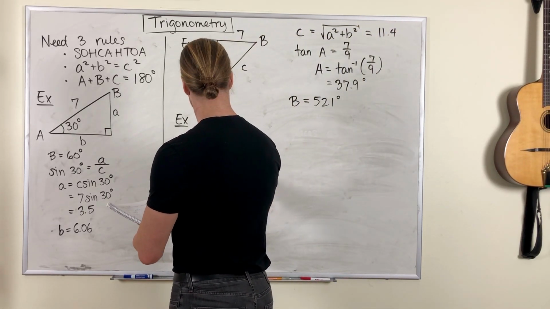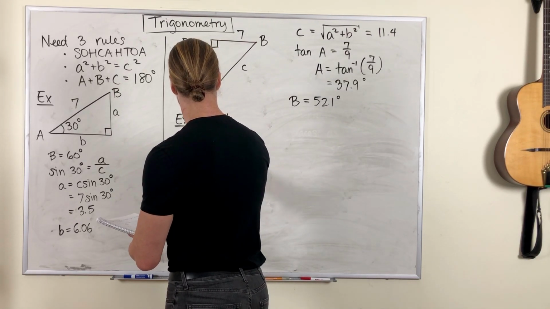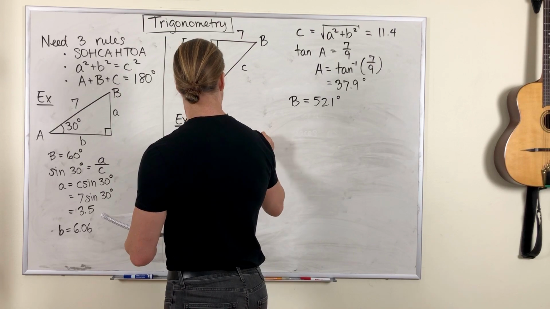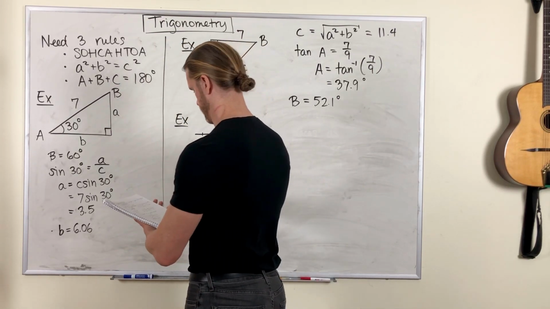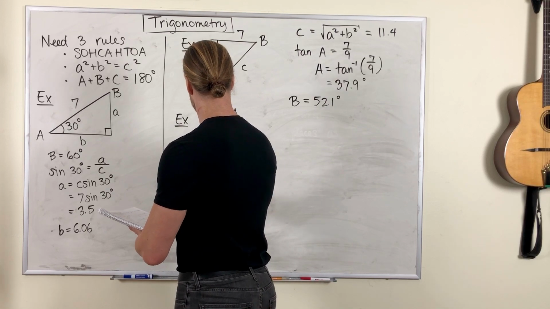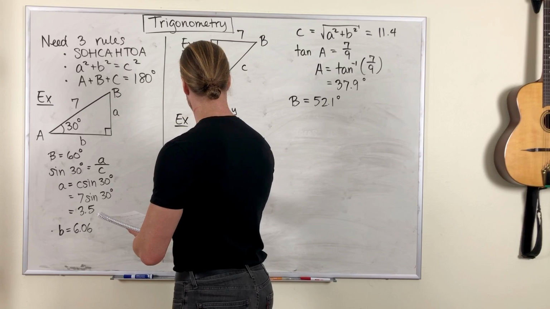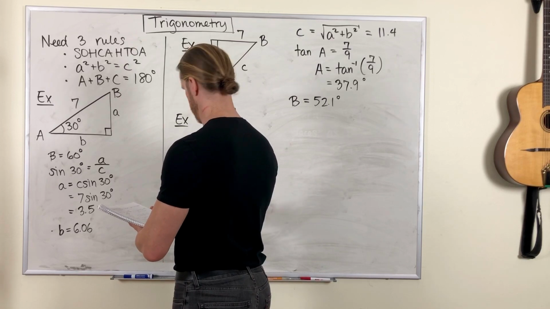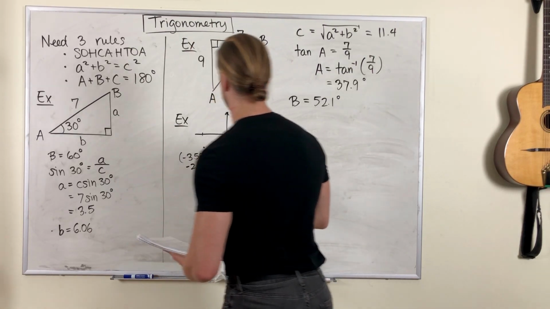So our point is here, x and y. It's negative 3.5 meters, comma, negative 2.5 meters.